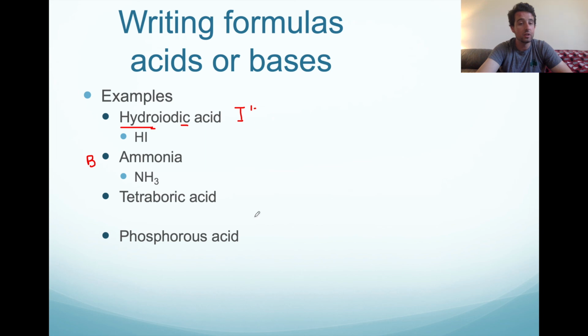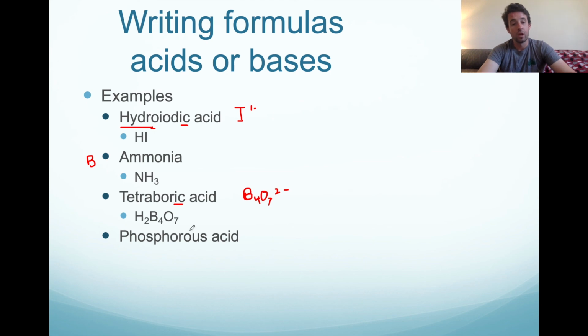Tetraboric acid, so we're looking for ic goes to ate. We don't have anything with tetra, so tetraborate must be the polyatomic ion we're looking for. Tetraborate is B4O7, fun fact. So that might have been difficult to find in your periodic table, but it is there. B4O7, tetraborate. And it's a 2-, so I would have 2 H's in front.